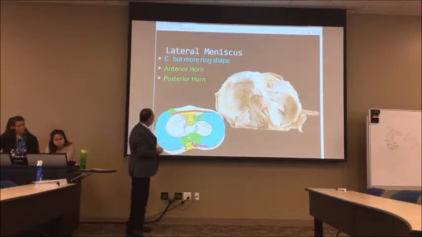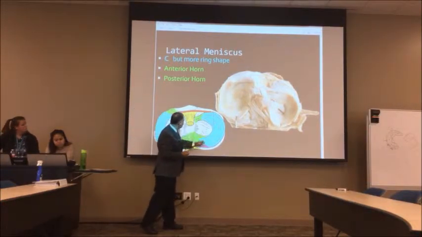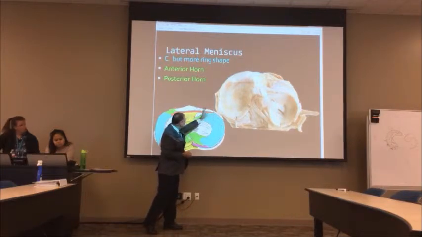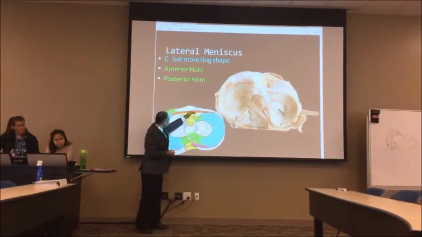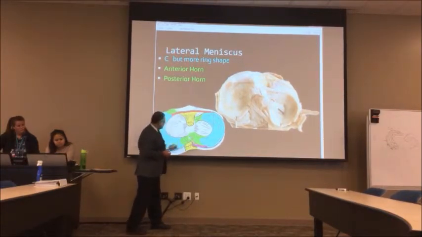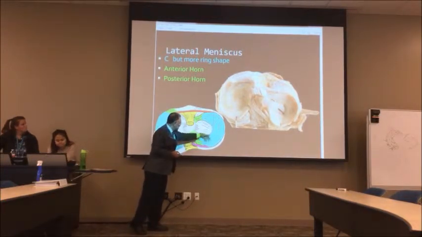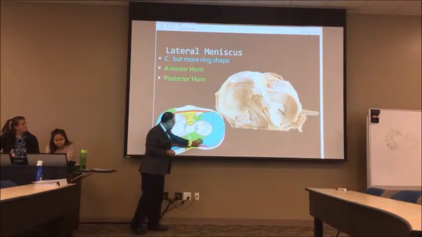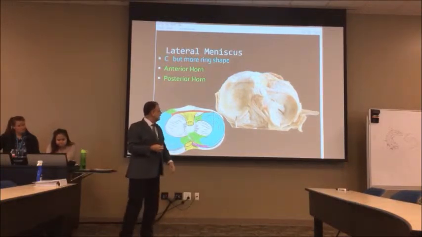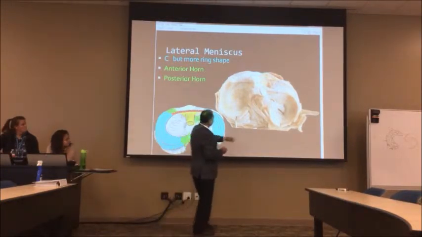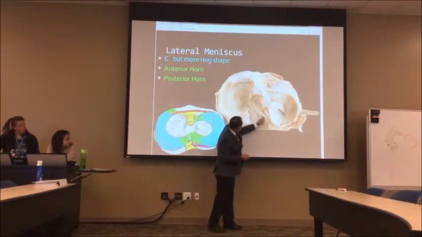Here is more of a ring shape, more closed. Same thing with the coronary and transverse ligaments, and you're also going to have the posterior and anterior horns and the body. Also, you're going to have the meniscofemoral ligament, as you can probably see from here in this cut.